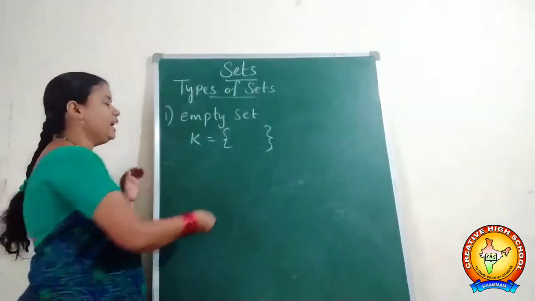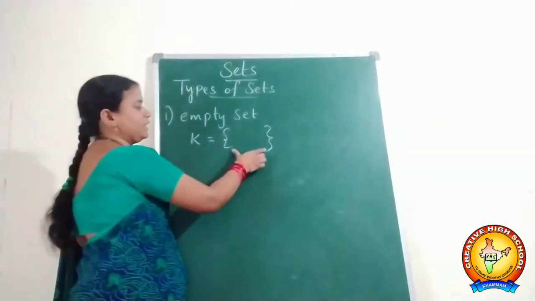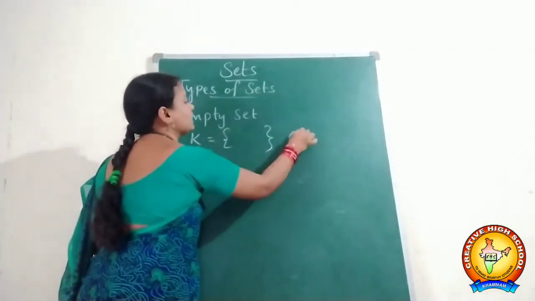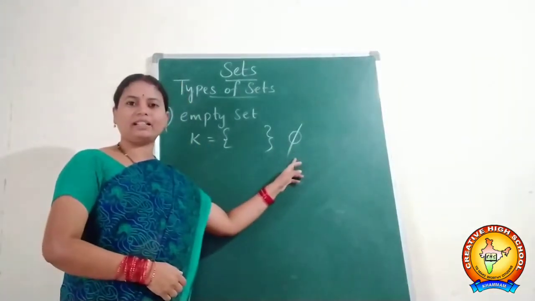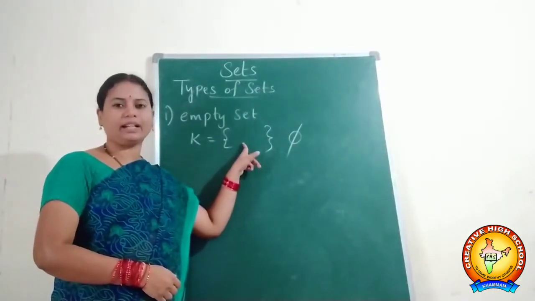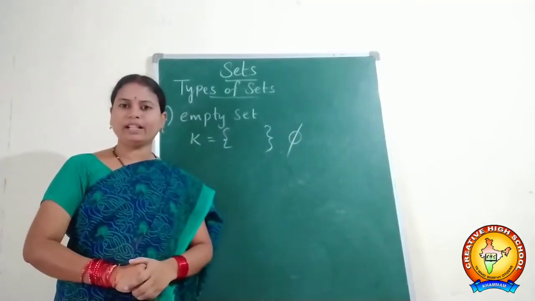Okay, let us see. The empty set, we just write like this: empty brackets, or otherwise the empty set is denoted by phi. Phi also we can write, but we should not keep this phi in the brace bracket. If you write this phi in the brace bracket, it will become one element.